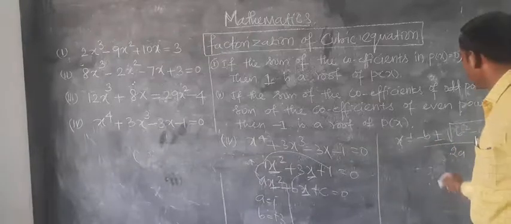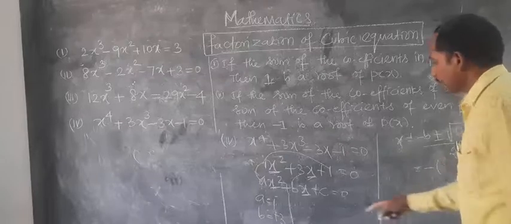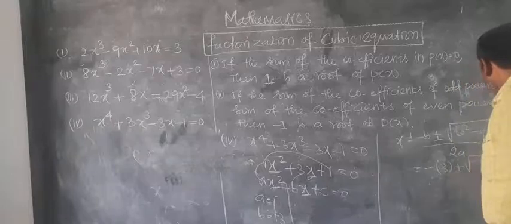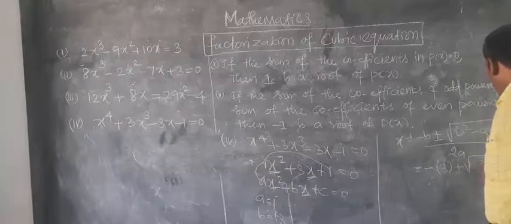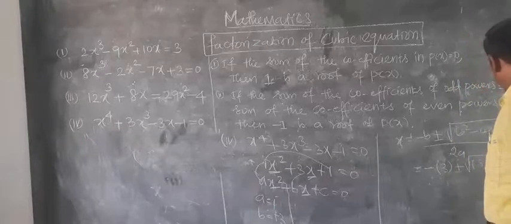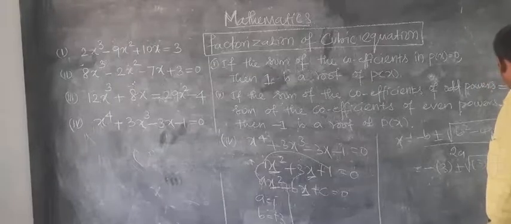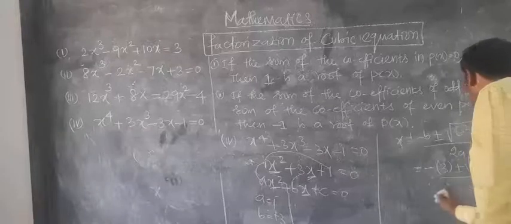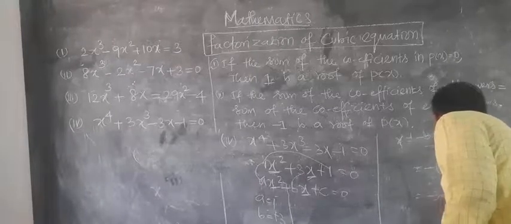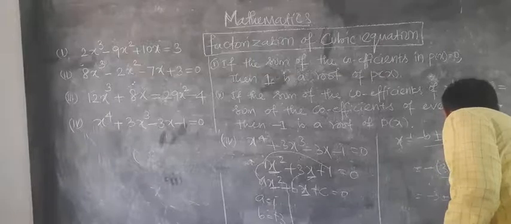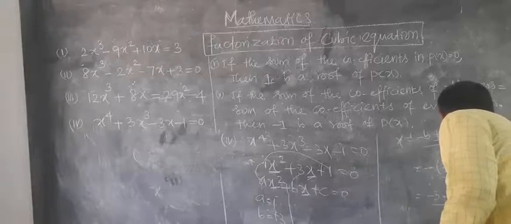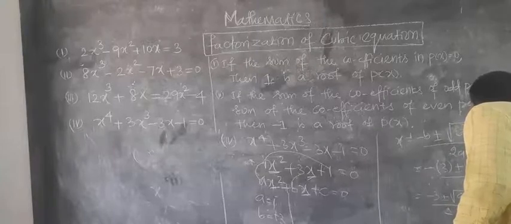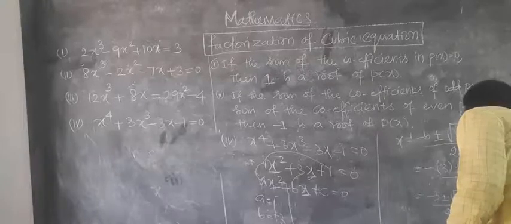This is the formula. So here minus of the b value, negative 3, plus or minus root of 3 square minus 4 into 1 into 1, divided by 2 into 1. So negative 3 plus or minus root of 9 minus 4 divided by 2. So here minus 3 plus or minus root of 5 divided by 2.